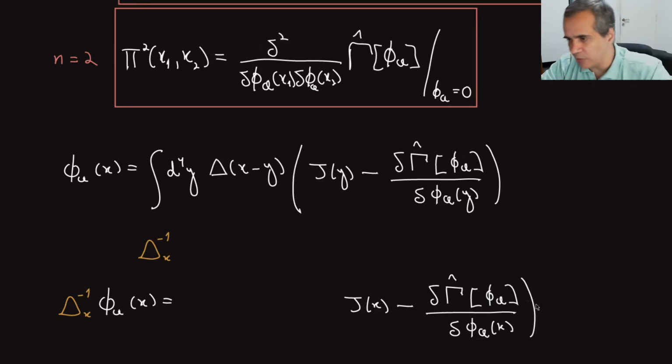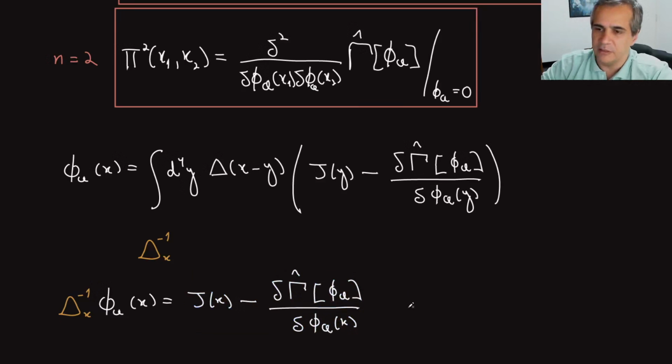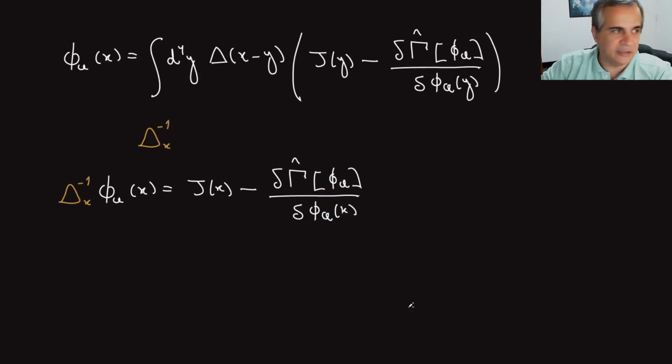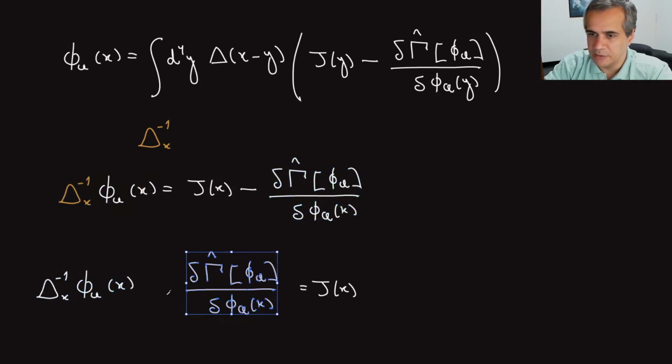So let me just organize my equation here, because I'm getting to a very nice relation. Now I can isolate the source. Let me keep the source on the right side here and bring this guy to the other side. So let me just repeat this one, and this comes here as a sum.